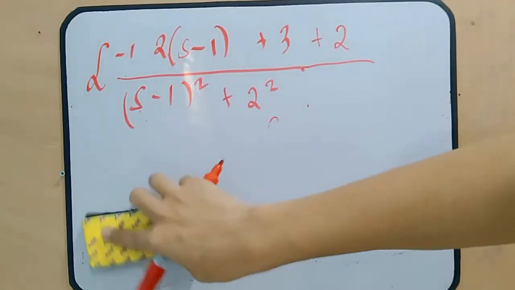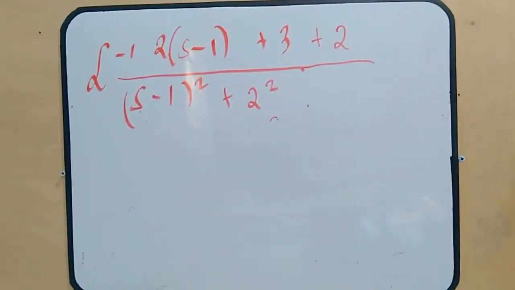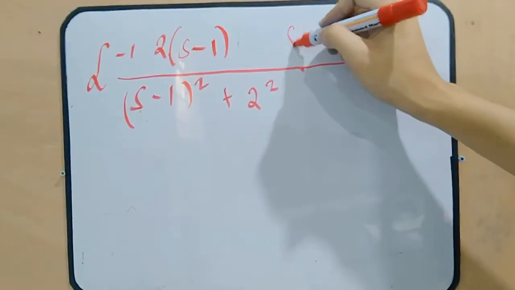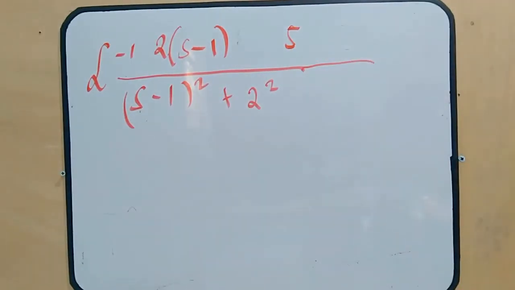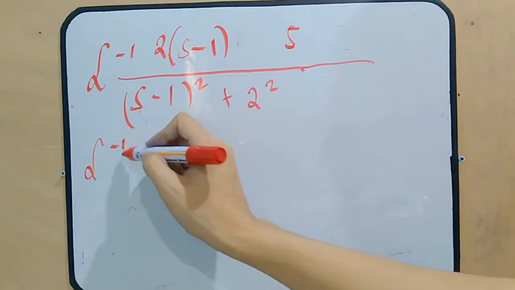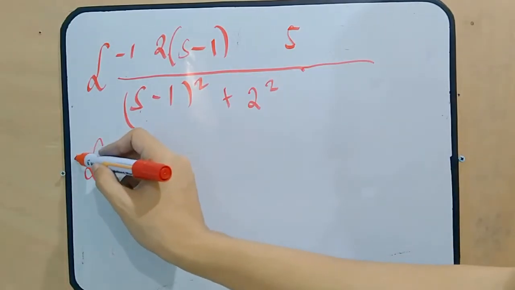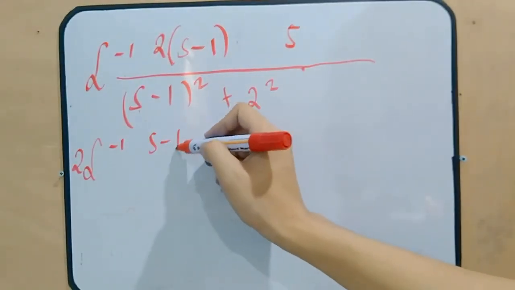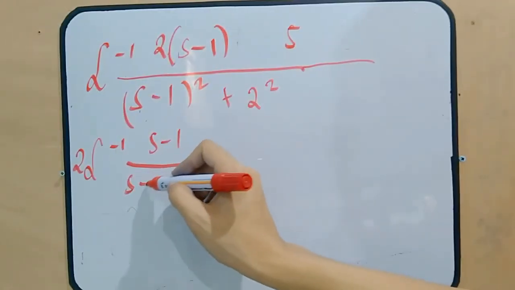So, here, simplify na natin to guys. This is equal to 5. So, 3 plus 2, this is 5. Then, i-separate natin siya, so pwede natin siyang i-evaluate. So, you have here the inverse Laplace transform of, yung 2 natin, ilabas na. Nakalabas na yung 2. So, you have here s minus 1 all over s minus 1 squared.